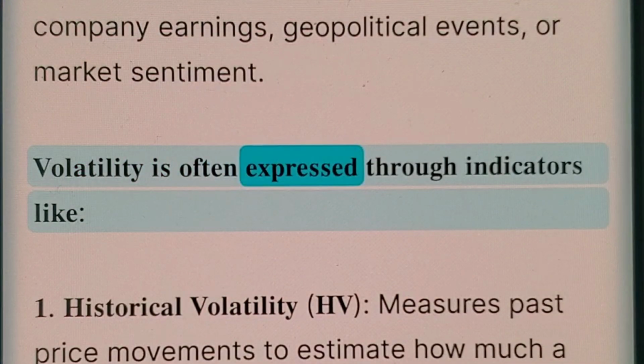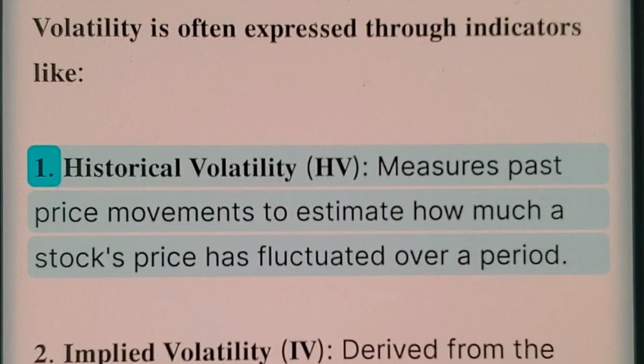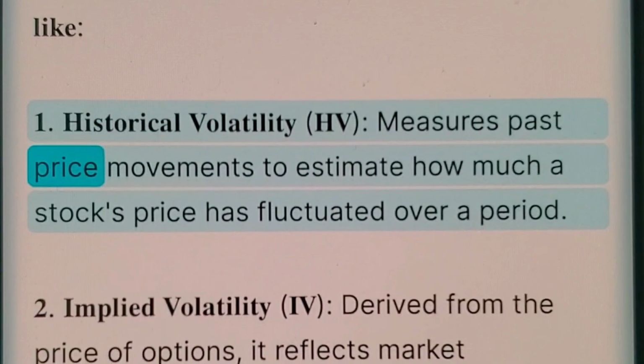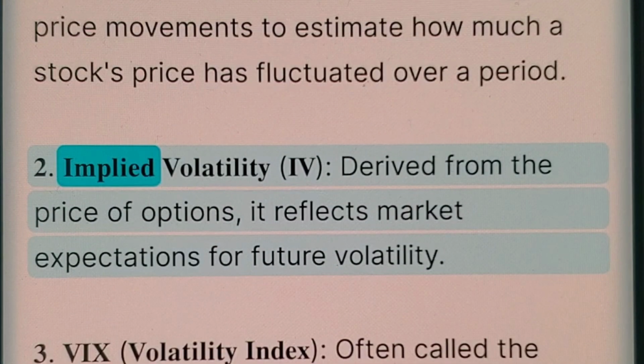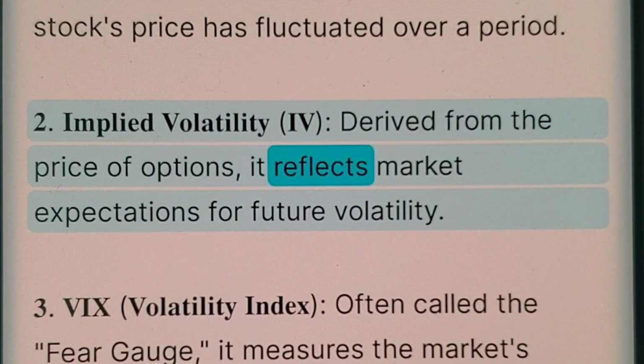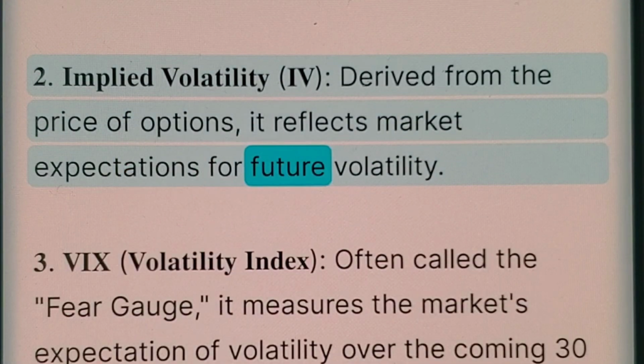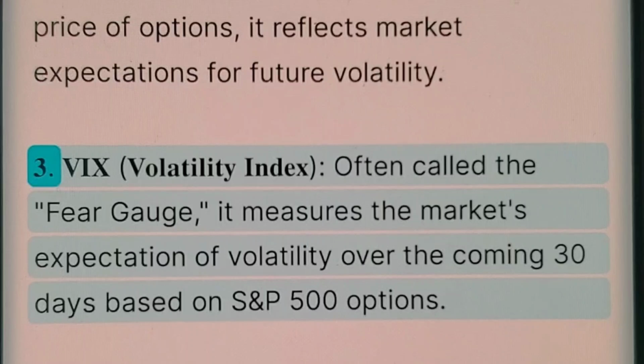Volatility is often expressed through indicators like: 1. Historical volatility, HV, measures past price movements to estimate how much a stock's price has fluctuated over a period. 2. Implied volatility, IV. Derived from the price of options, it reflects market expectations for future volatility. 3. VIX, Volatility Index.